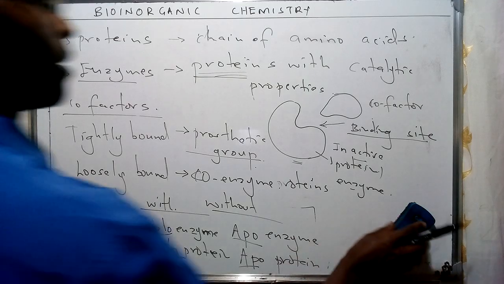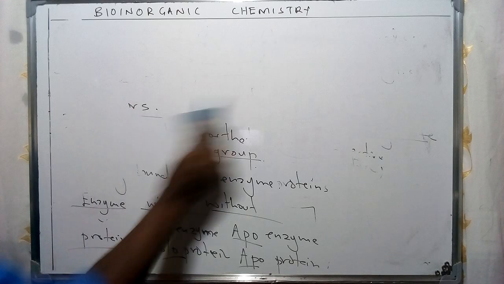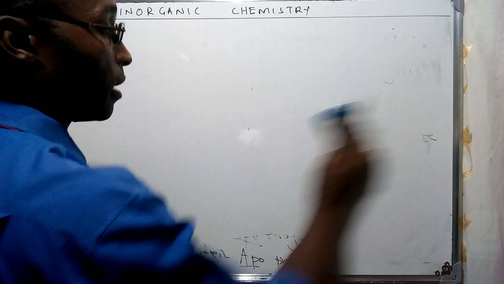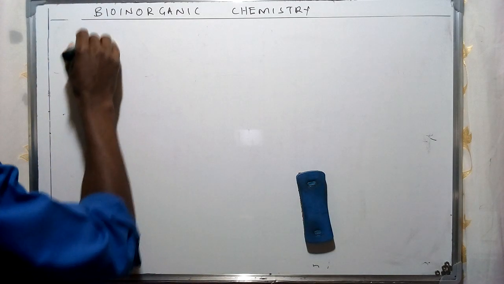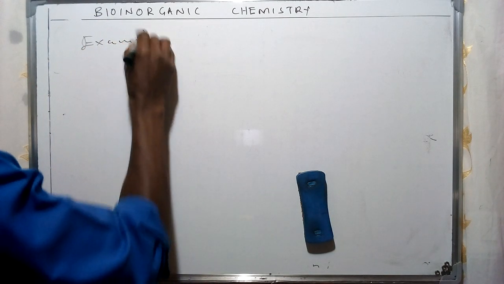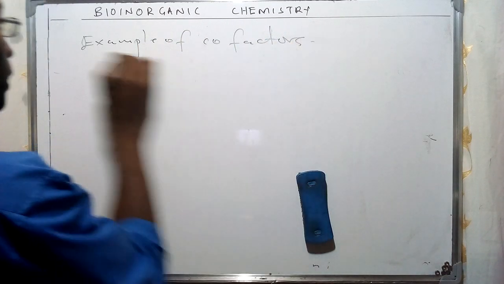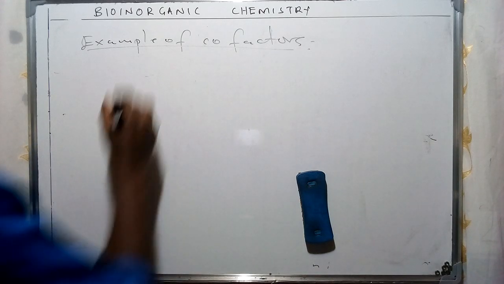Now, in this particular case, I can just give an example of a few coenzymes, or rather cofactors, which we have come across in some of our discussions. These constitute examples of cofactors. One of the examples is heme.